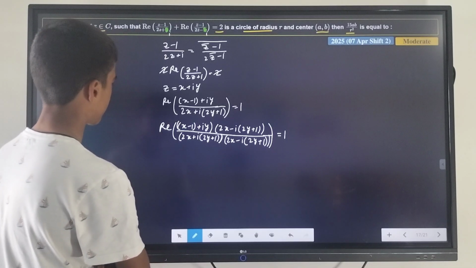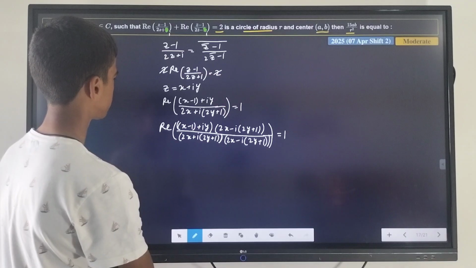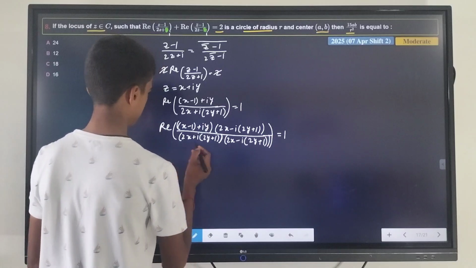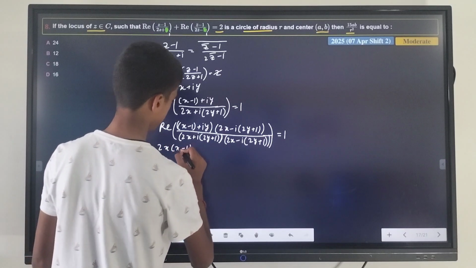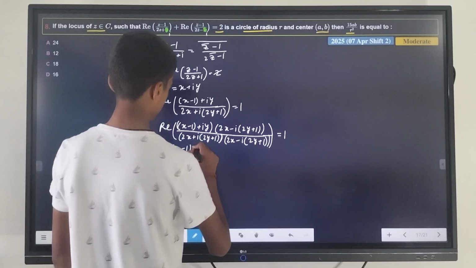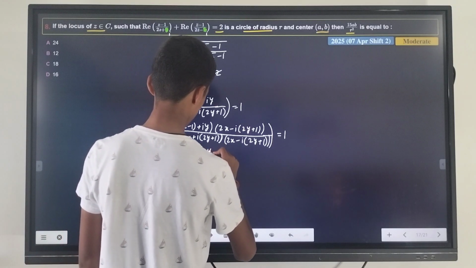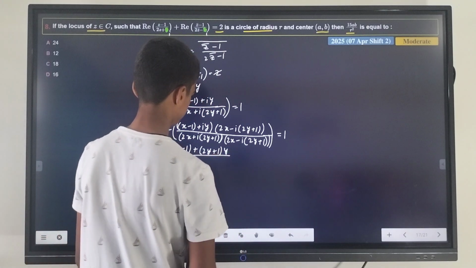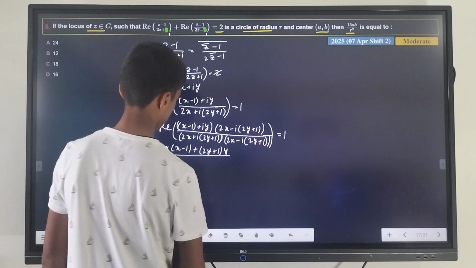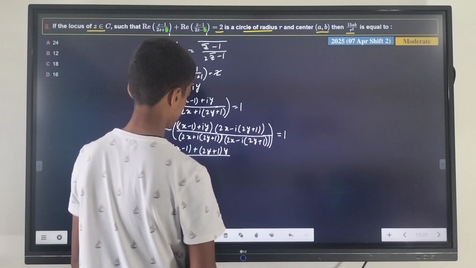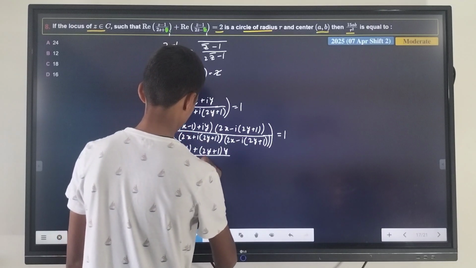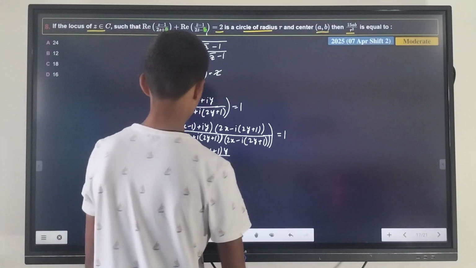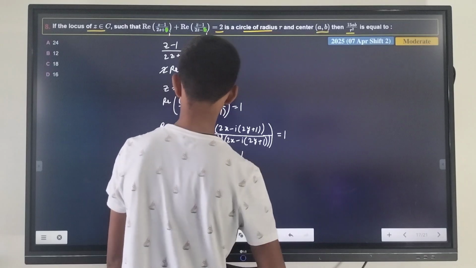So from here, let's directly now write the real part, which will be 2x into x minus 1 plus 2y plus 1 into y divided by 4x square plus 2y plus 1 whole square is equal to 1.